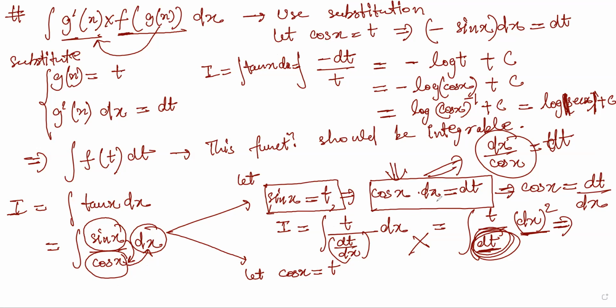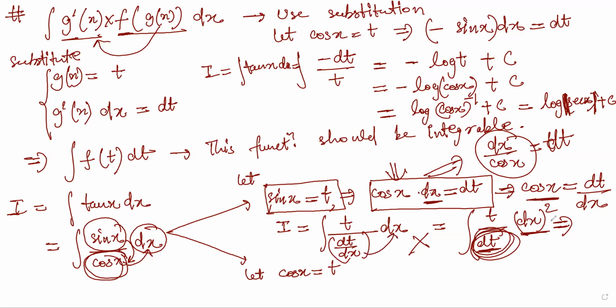This was not the right substitution, because we are not able to remove dx. If I put cos x as dt by dx, taking dx on the right hand side, let's say I want to solve this question from this method only, but obviously this is not possible, but I want to check this. I substituted cos x as dt by dx. What did this become? This becomes t into dx whole square upon dt, because this dx would come in the numerator.